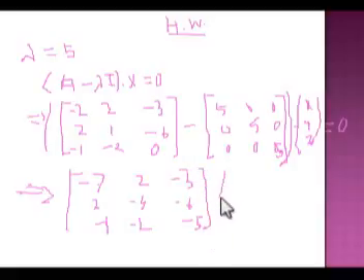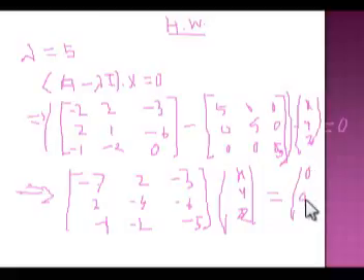Multiplied by X, Y, Z, which equals, I am taking now 0 as a column matrix, 0, 0, 0.